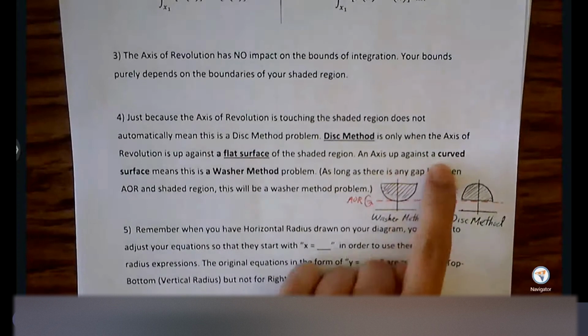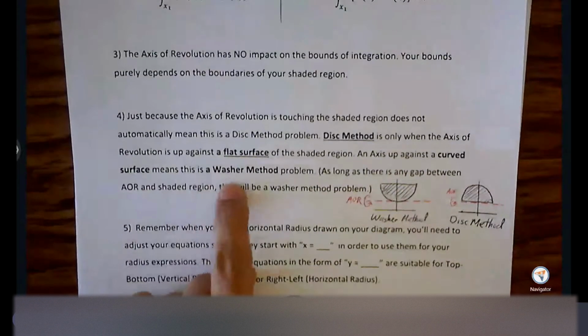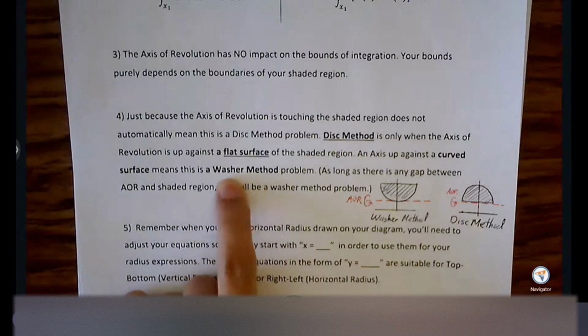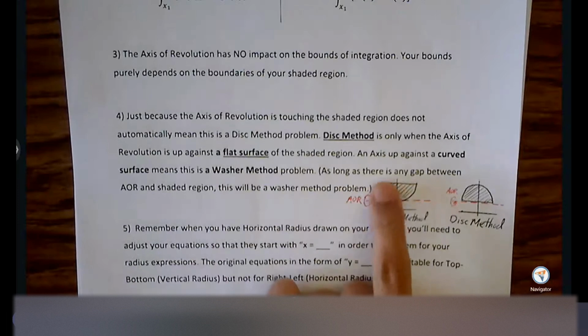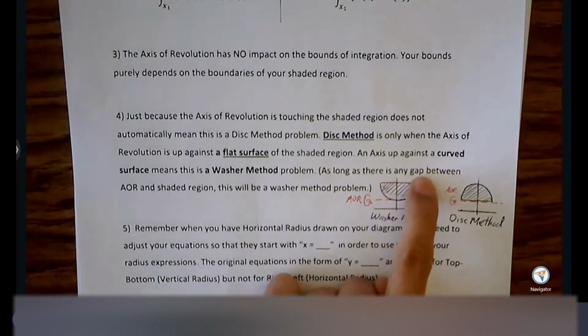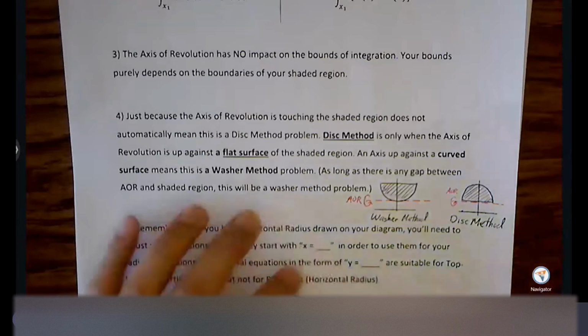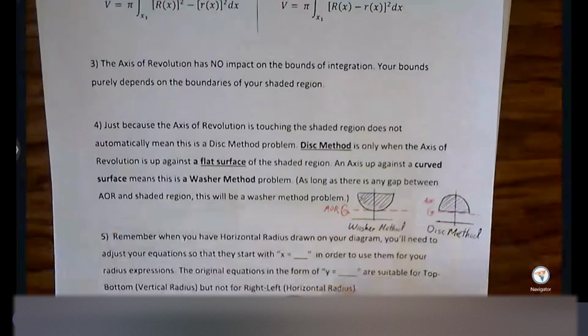But if your axis is up against a curved region, it is washer method, even though you may feel like, well, it's touching, so it's got to be disk method, right? That statement is only partially true. If it's touching, but there's a gap, then that's going to fall in washer method territory. So let me just give you a quick visual example here.